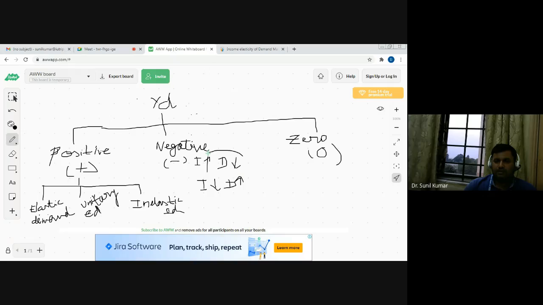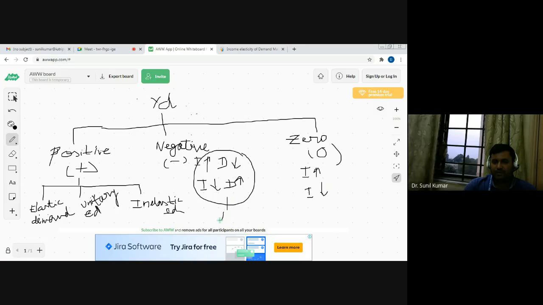So this one is known as the negative impact. What will be zero? In the zero case, demand does not change when income increases or when income decreases. This mostly prevails on inferior goods. Do you know the inferior goods?